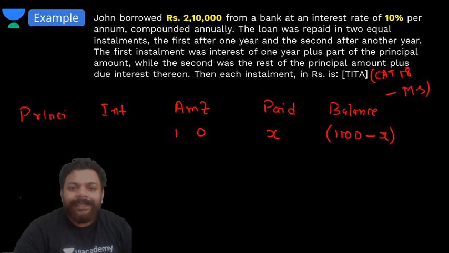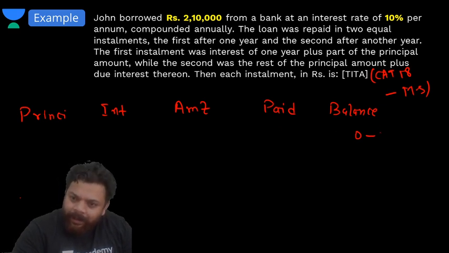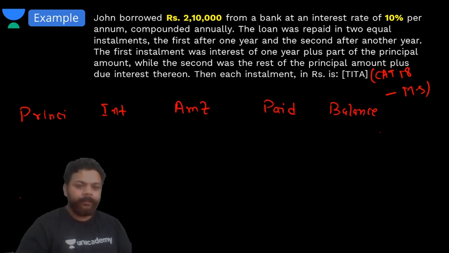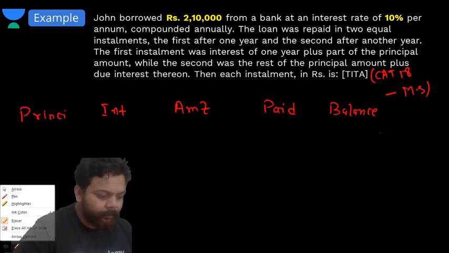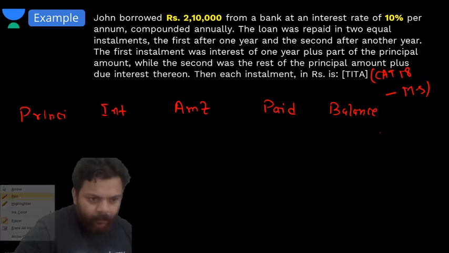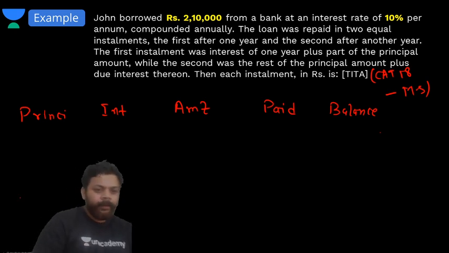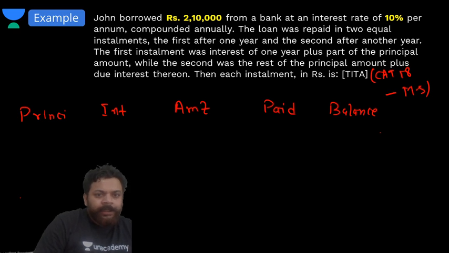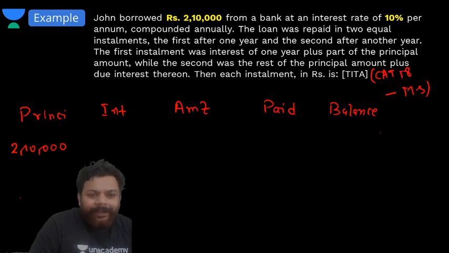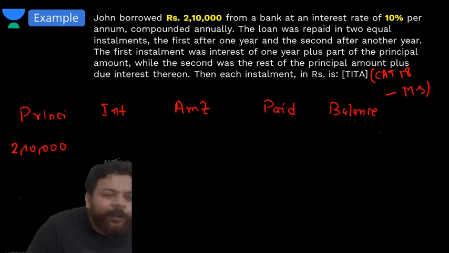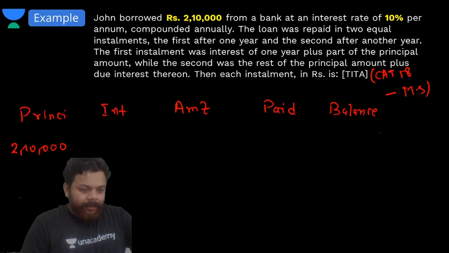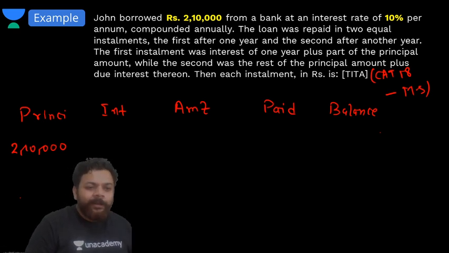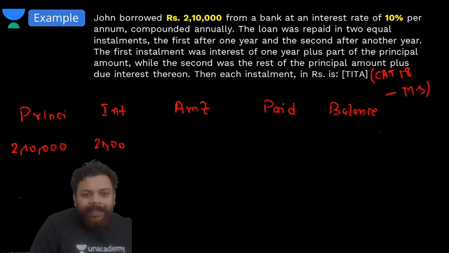So in this question, since principal value is 2,10,000, I'll put that over here. Interest is 10%, so 10% of 2,10,000 will be nothing but 21,000.